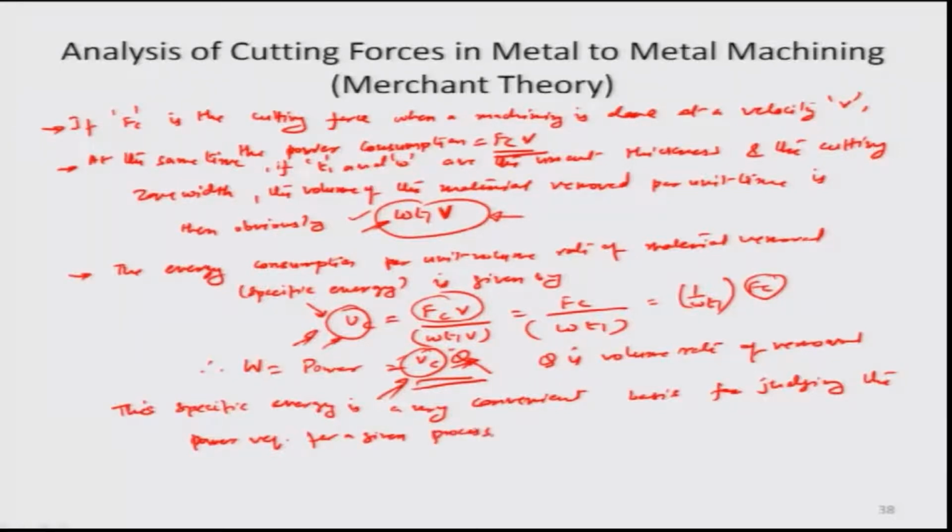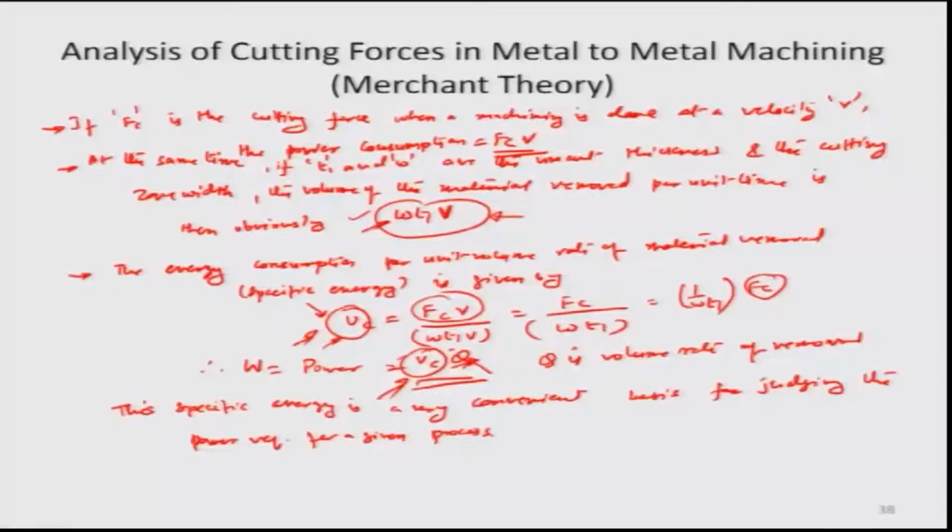If I say that the specific energy related to a certain volume rate of removal for a certain process is higher, it means that you would consume more power to remove material in that particular system. If the specific energy is lower for a certain system, then you have to use less power in order to cut more material of the system.